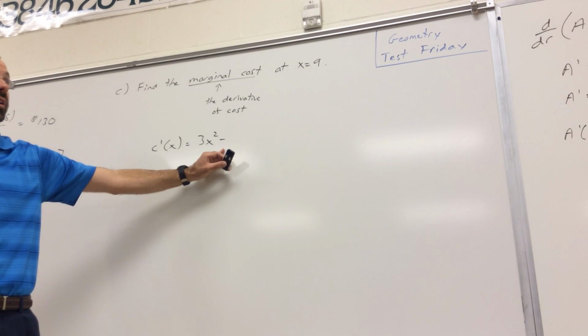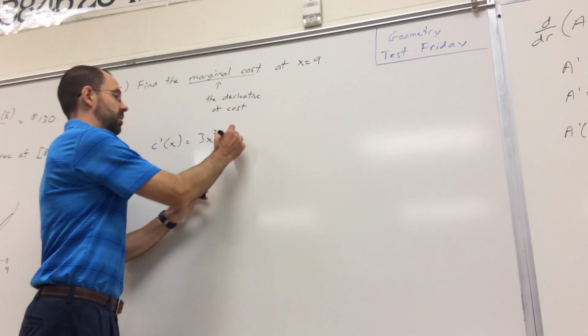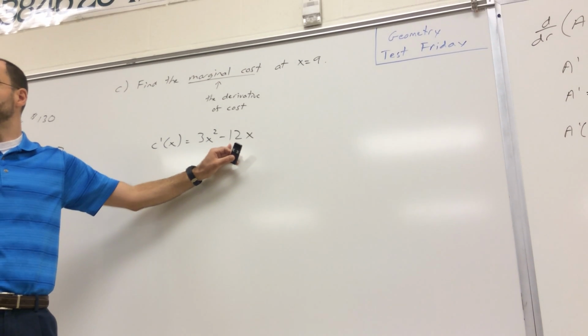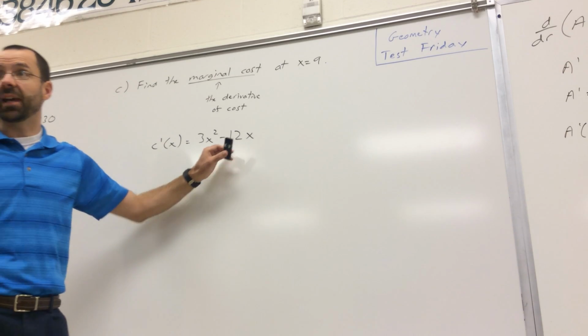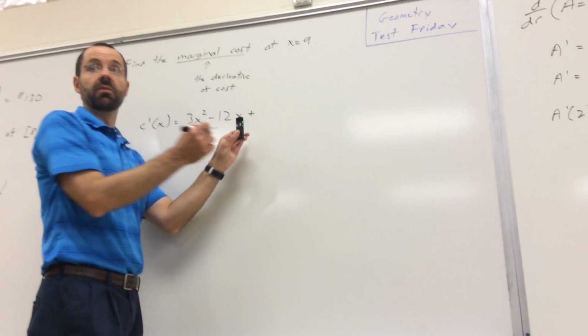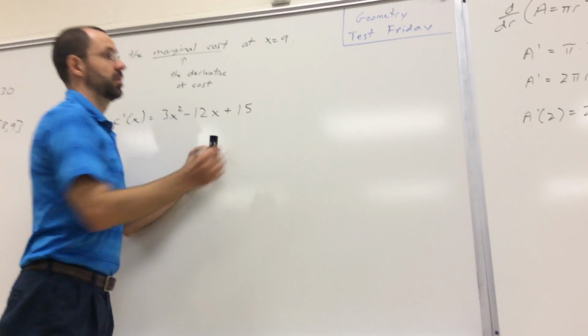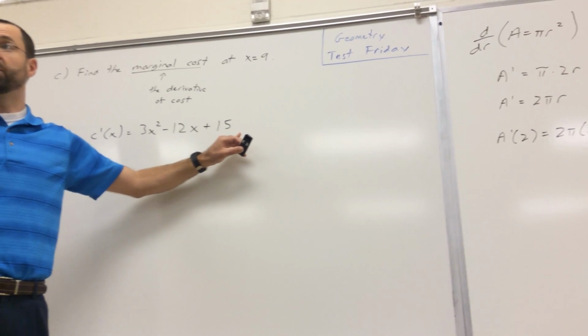And the 2 comes out front. So it would end up being 12. And then x to the first power, because 2 minus 1 is 1. Then the 15 is hanging out, and the derivative of x is 1. So it's 15 times 1, which is 15. And then the derivative of 24 is 0.